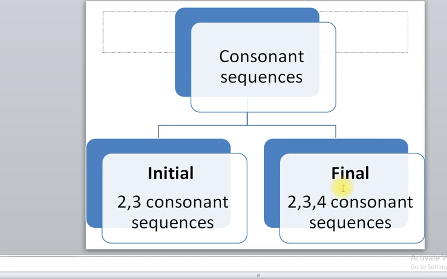The examples that are given in the book list only maximally 4 consonant sequences.